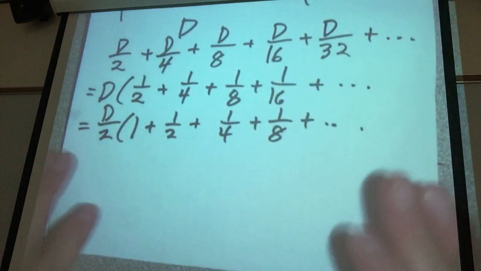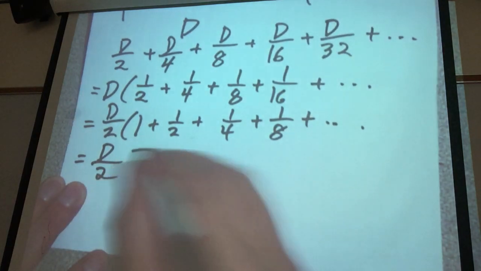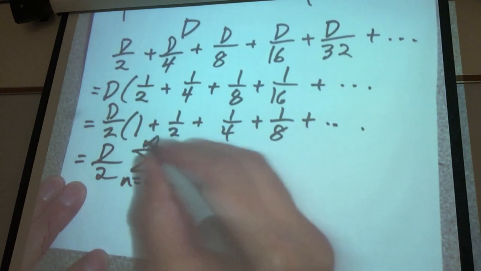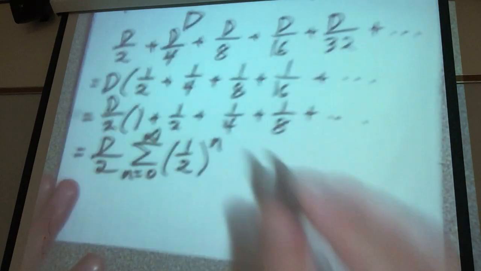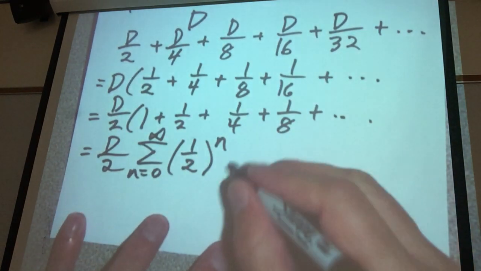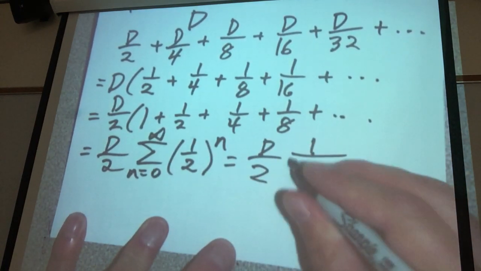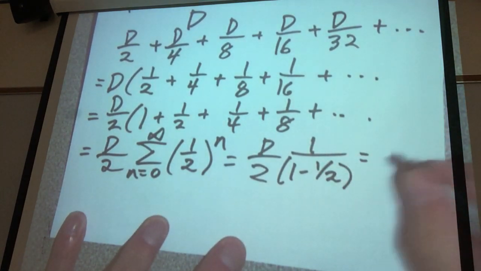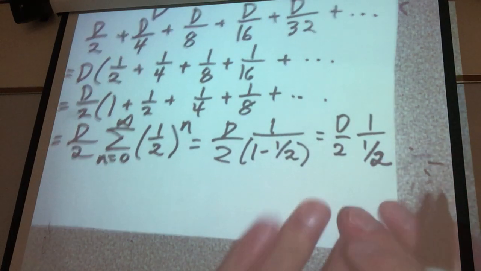Now, this would equal d divided by 2 times the sum n equals 0 to infinity of 1/2 to the n. And so that would become d divided by 2 times 1 divided by 1 minus 1/2. 1 minus 1/2 is 1/2, so that's d divided by 2 times 1 divided by 1/2. Which is d.